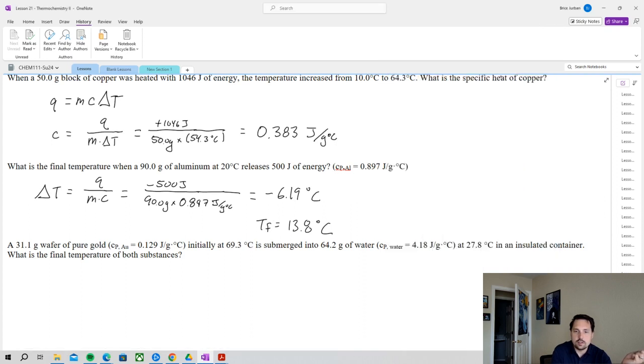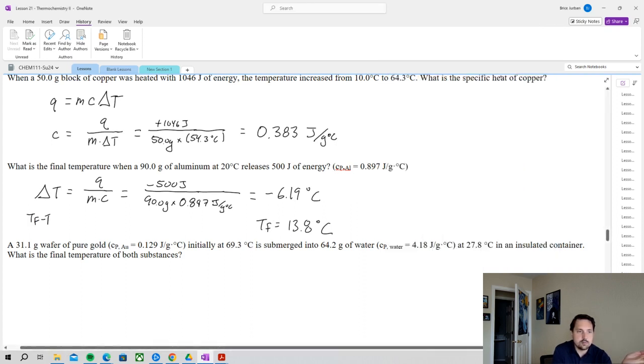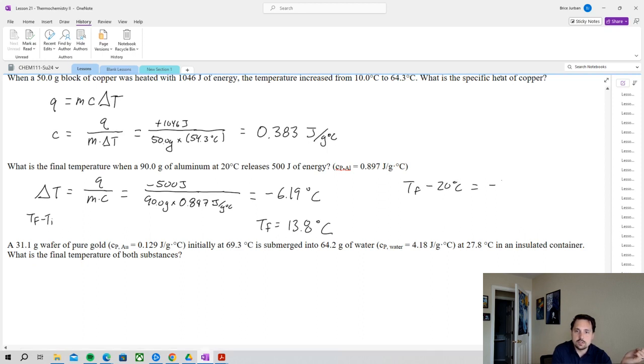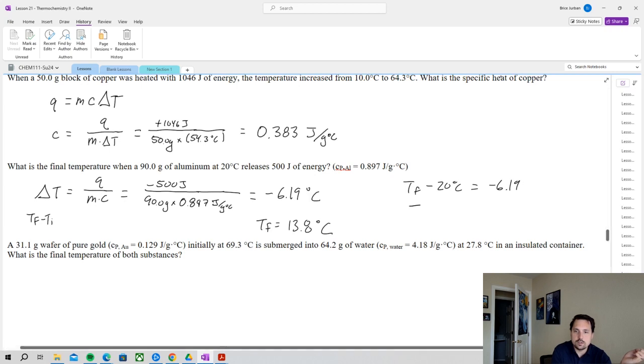Another way you could solve that is saying, delta T is equal to T final minus T initial. So T final minus T initial, T initial is just 20 degrees Celsius. That equals negative 6.19. That's another way to get that.